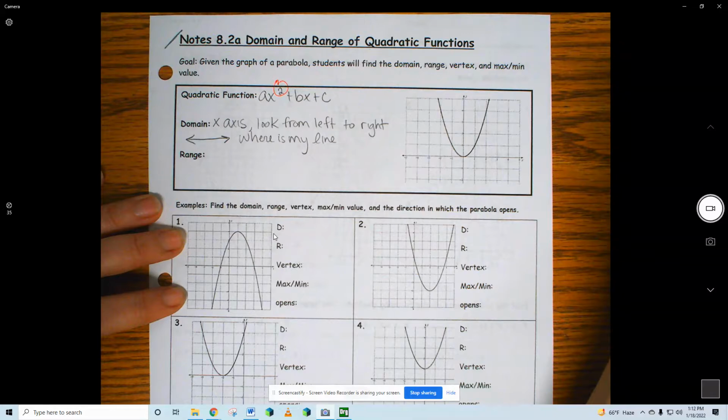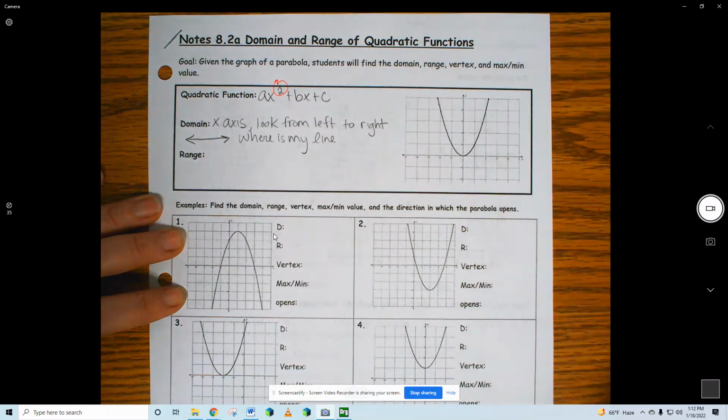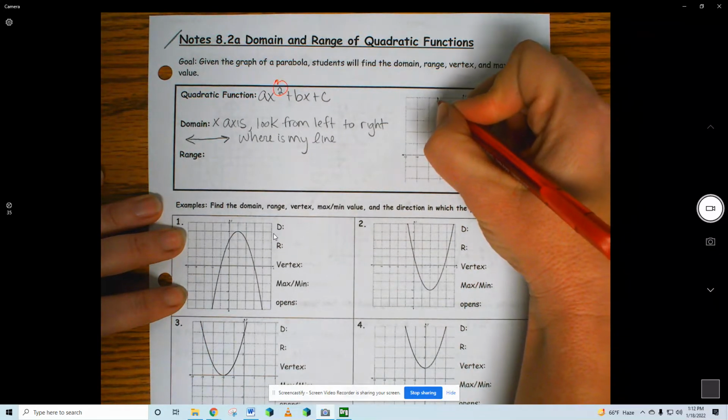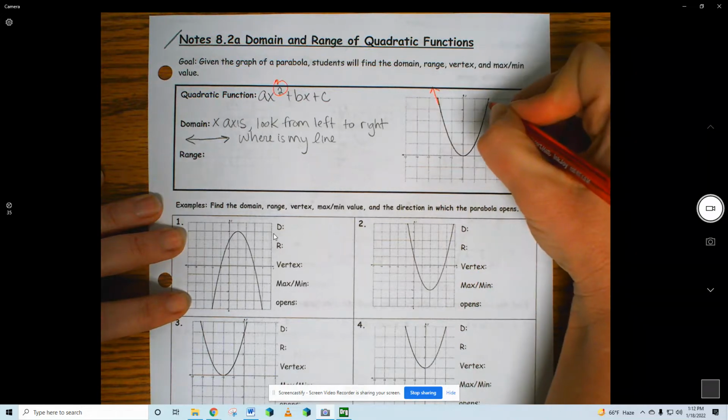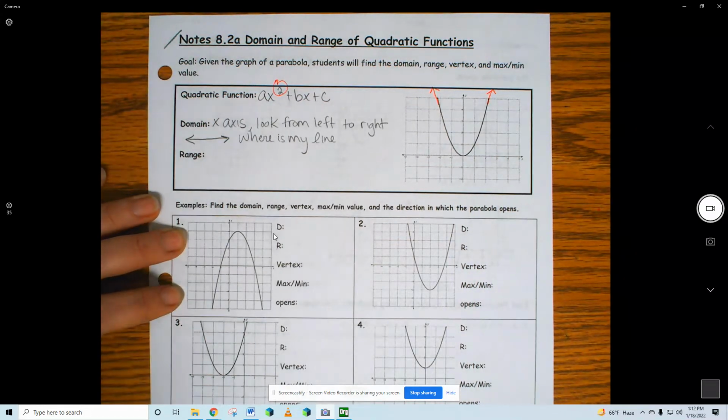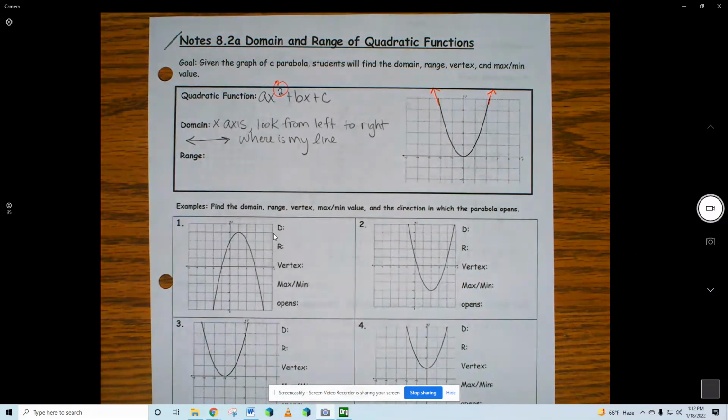And this parabola that you have has little teeny arrows. This arrow means that it goes forever upwards to the left, up, up, up, up.